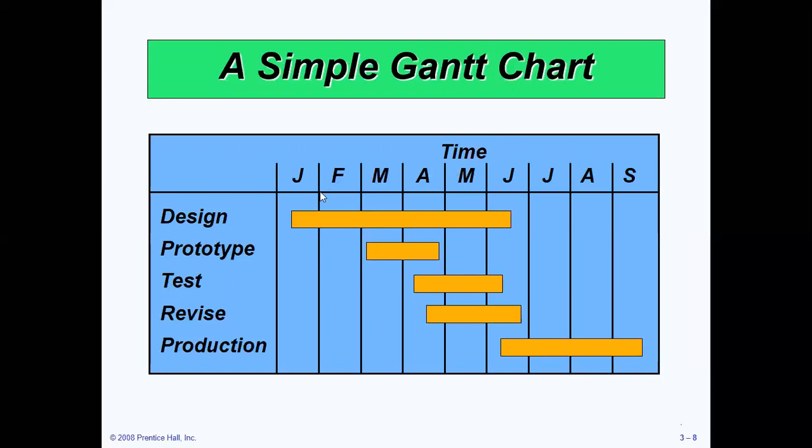For example, in this figure, you can see the horizontal axis or the columns that represent different months like January, February, March, April, May, June, July, August, and September. And the rows represent design, prototype, test, revise, and production.